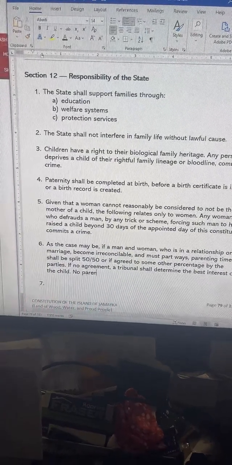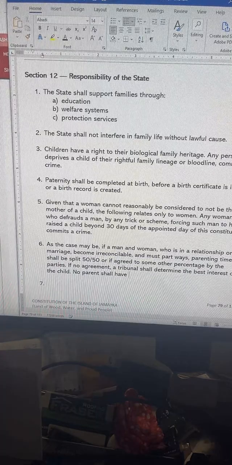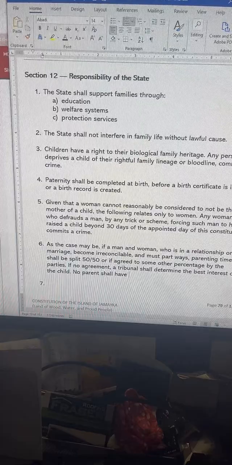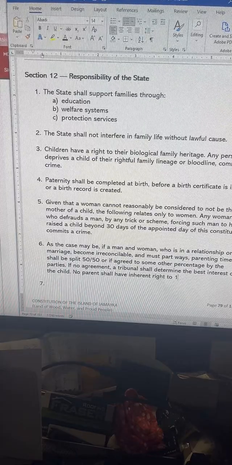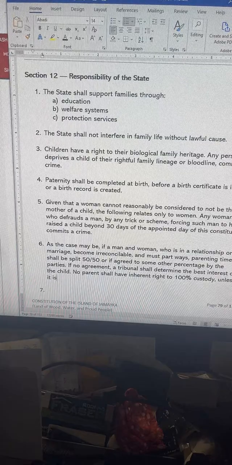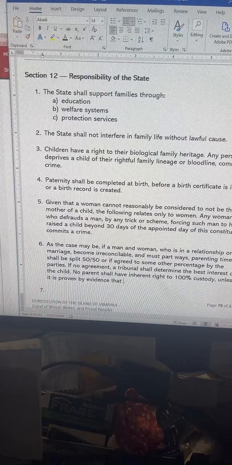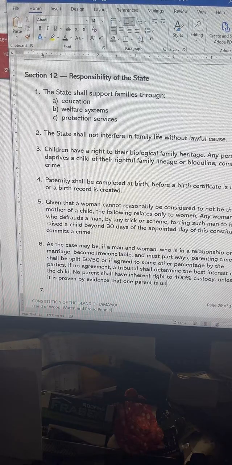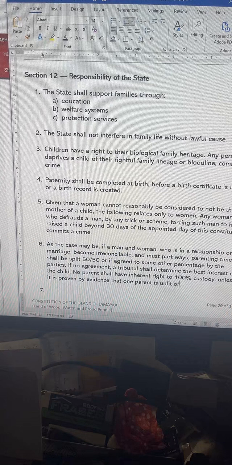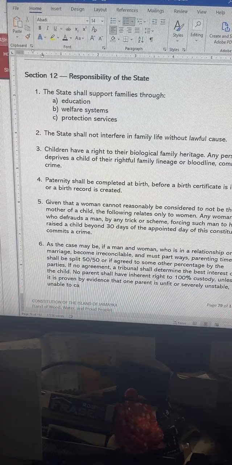No parent shall have, we're not going to use the legalese, inherent right to 100% custody unless it is proven by evidence that one parent is unfit or severely unstable, unable to care for and or provide for the child.